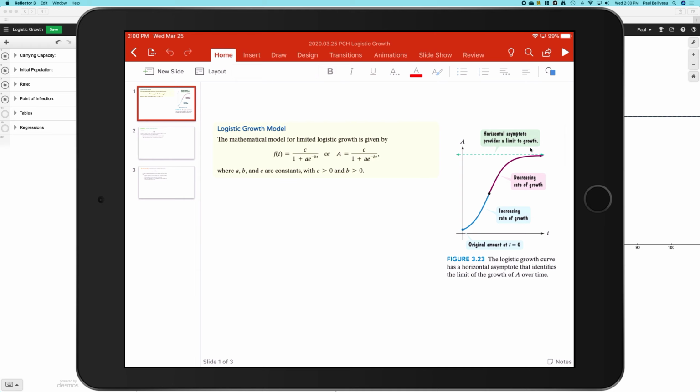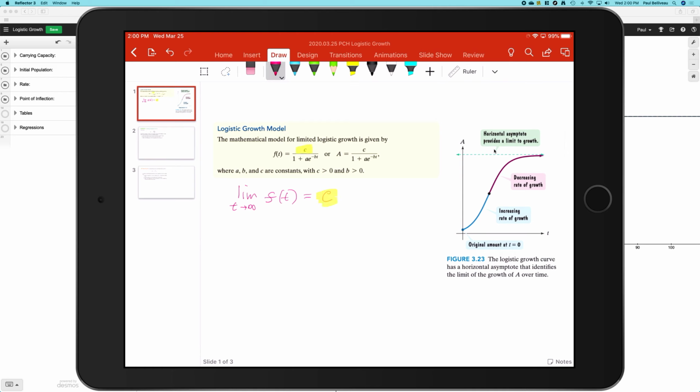This part on the top, C, describes a horizontal asymptote, and another way to look at that is to use this limit notation we used before: the limit as time approaches infinity of this logistic graph is the C on top.